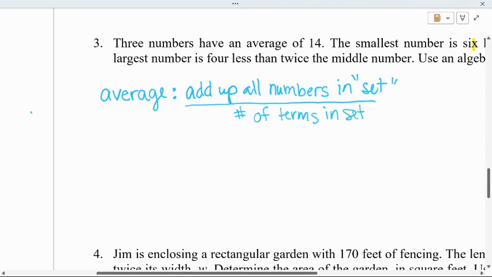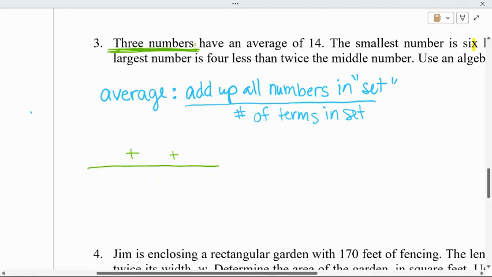Okay, so how many numbers are we adding together here? What does it say? We're adding 3 numbers together. So I don't know what they are yet, but I know that I'm going to add 3 numbers together. So if I'm adding 3 numbers together, what do I divide by?